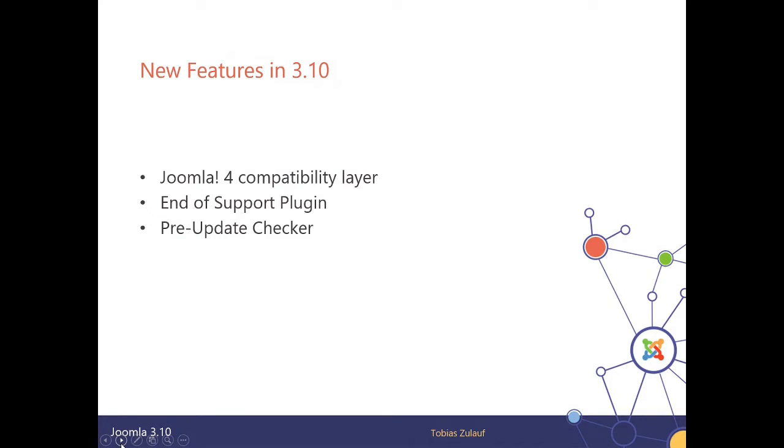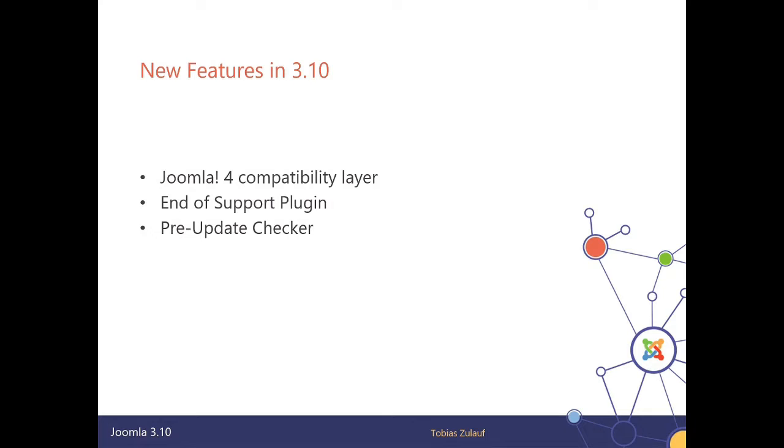We're also going to extend that in future updates of 3.10, when extension developers come and say, there's a feature in Joomla 4 that I'd like to use, but I can't when I also run on 3.10, so can you introduce that? That's also possible, and that's the aim of 3.10 too.